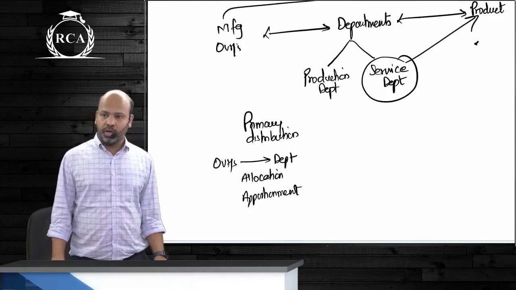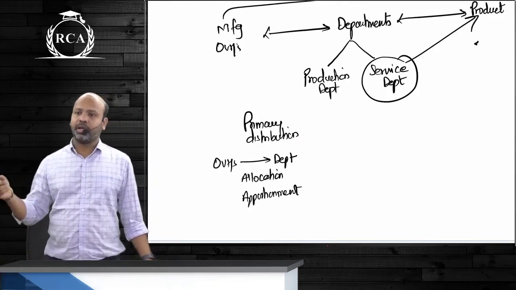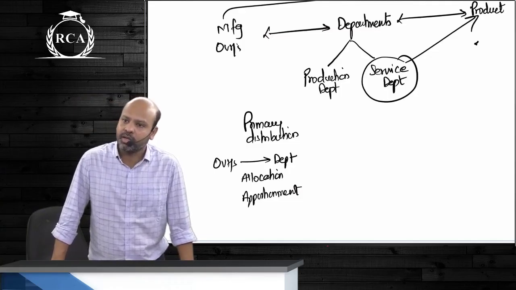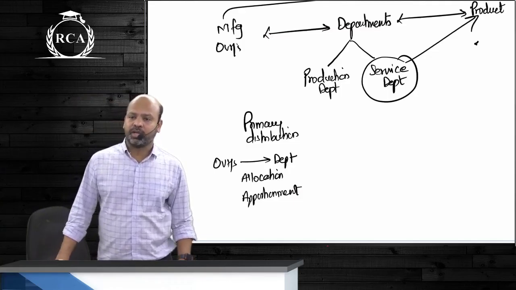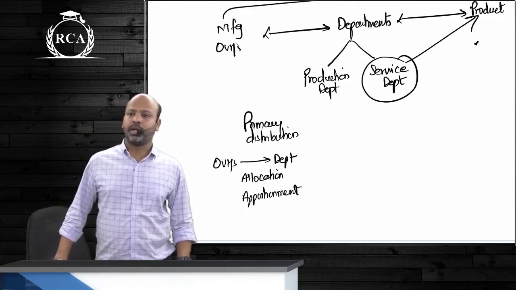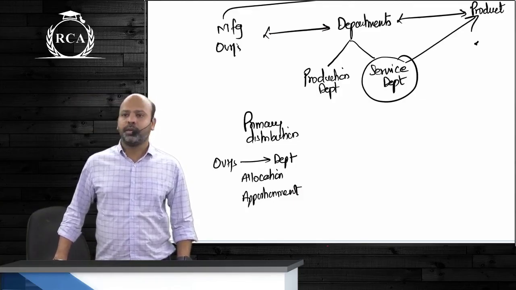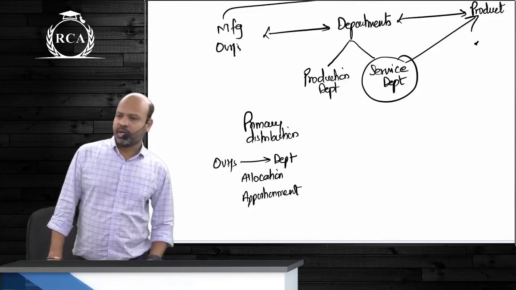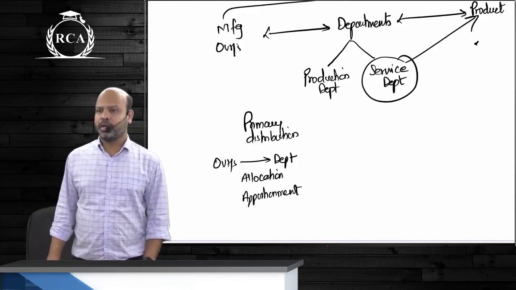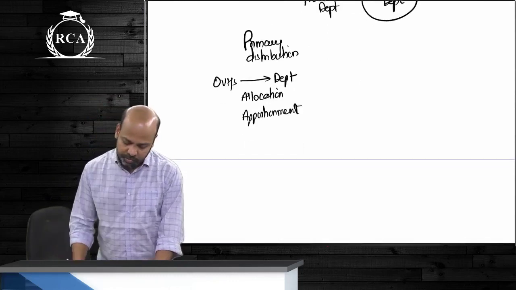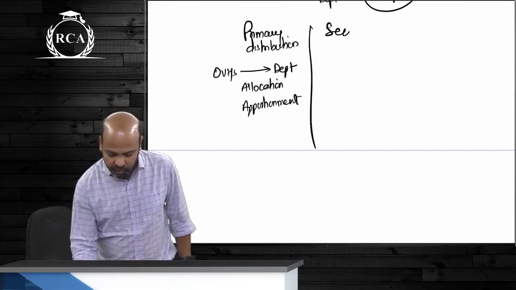There will be no relation between the service department and the end product as far as the overheads are concerned. We will be able to establish a relation, guys, between a production department and the end product. We will not be able to establish a relation between a service department and the end product. Is that clear, guys? This is where we will have to perform something called secondary distribution of overheads.